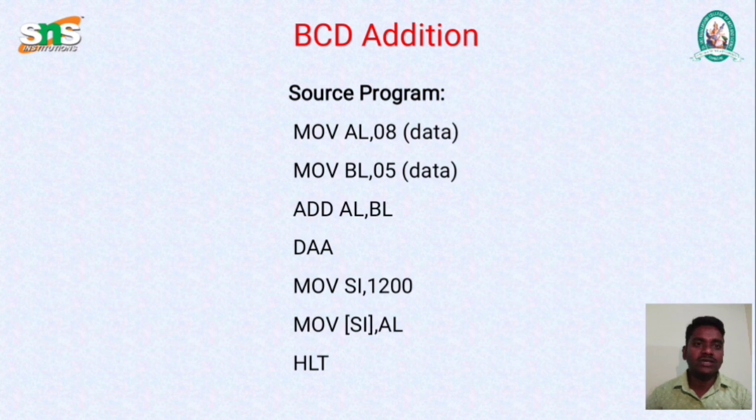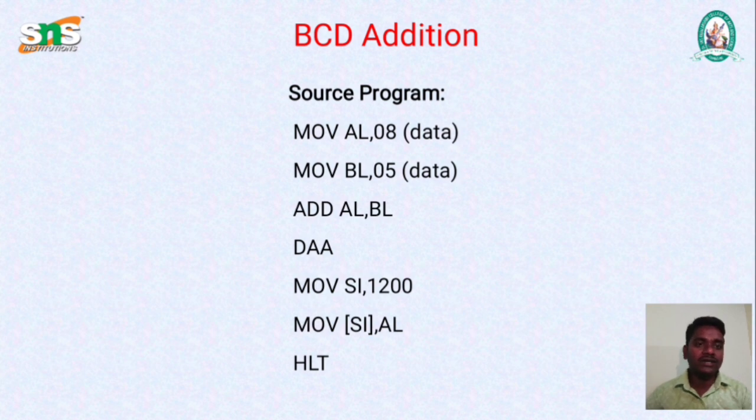First step: MOV AL, 08, which means the first input data 08 is loaded into the AL register, an 8-bit register. The second input data is fetched by the BL register, MOV BL, 05. Then we have two inputs in the two registers AL and BL. Now we add, ADD AL, BL. Then DAA.